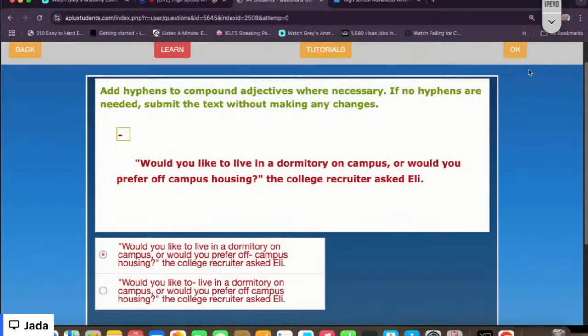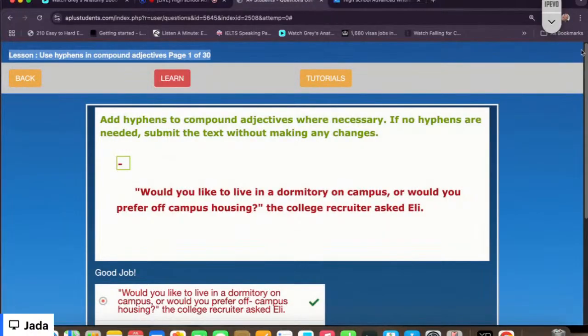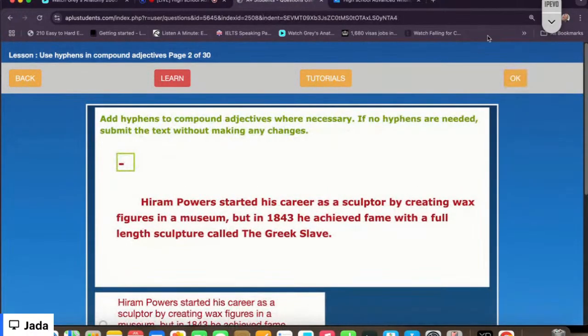So we have off campus. We need to put a hyphen in between the off and then the campus.